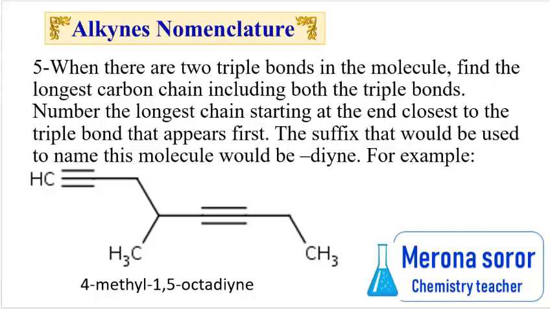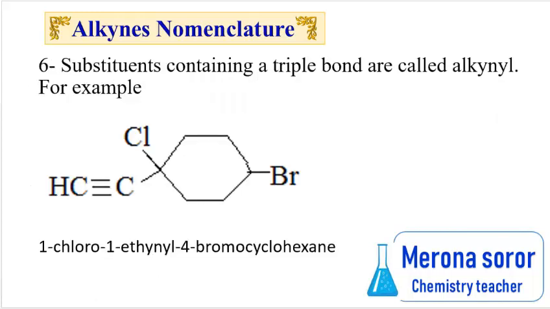The suffix that would be used to name this molecule would be diyne, for example, 4-methyl-1,5-octadiyne. Step 5. Substituents containing a triple bond are called alkynyl, for example, 1-chloro-1-ethynyl-4-bromocyclohexane.